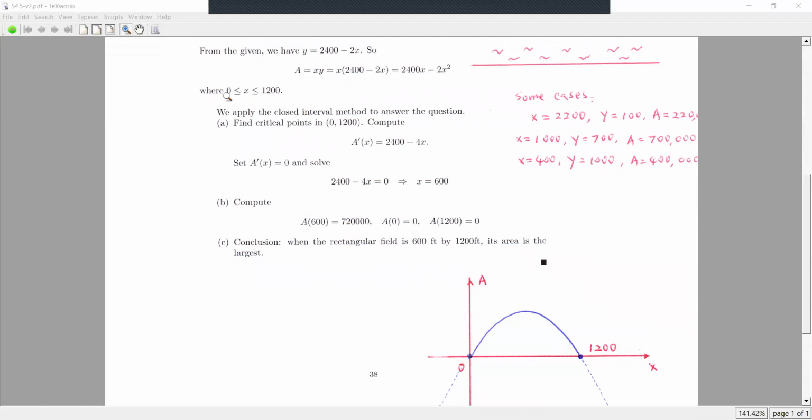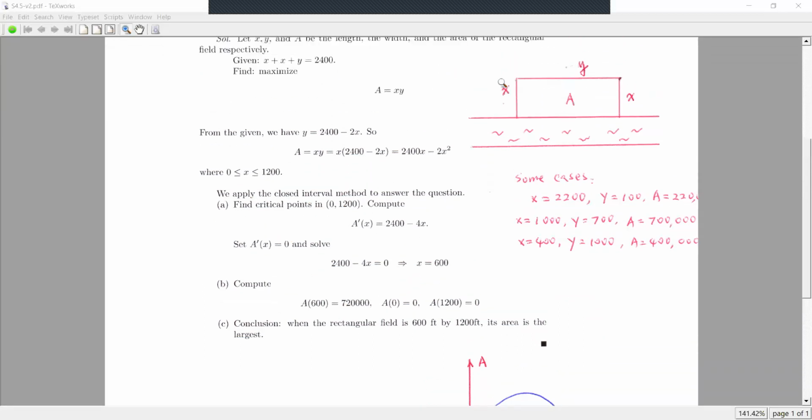The left endpoint is 0. Plug in 0 for x here, then we get area is 0. Makes sense. When x is 0, the field has no width, so its area is 0.